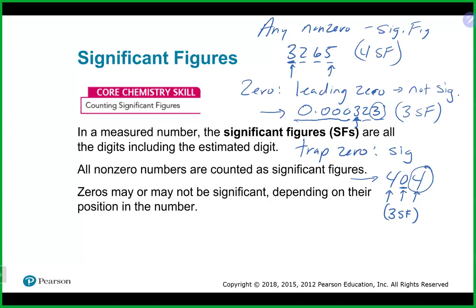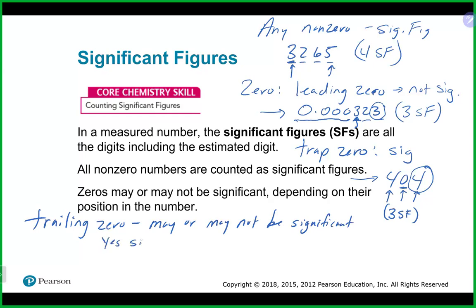Then let's talk about the zeros that screw everybody up, which is the trailing zeros. These are zeros that come at the end. So trailing zeros, they may or may not be significant. They are going to be significant if there is a decimal place or decimal point written in the number.